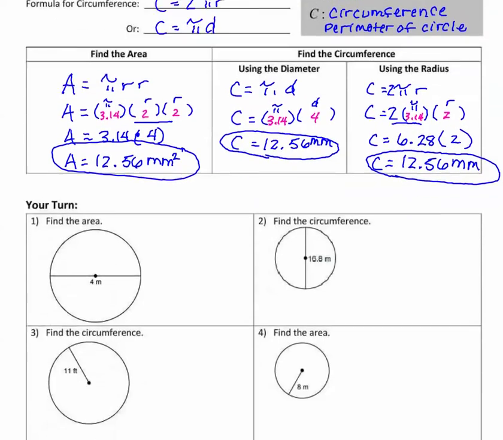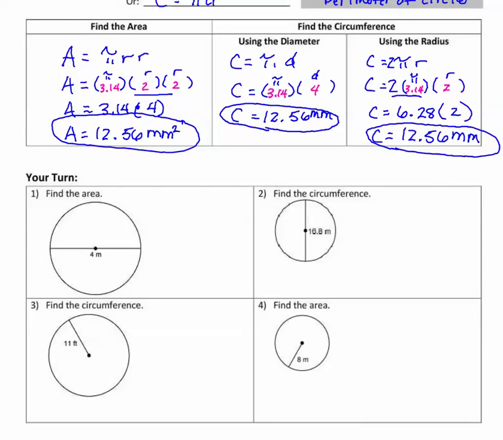So let's scroll down. I want you to try 1, 2, 3, and 4 on your own. If you need to, pause the video, rewind it, rewatch how I did the area and how I did the circumference. You're going to do the area for number 1 and number 4, and you're going to find the circumference of number 2. Now here's a hint. For this one, you're going to do circumference with the diameter, so this one's pi d. And then this one is circumference with the radius, because it has a radius.